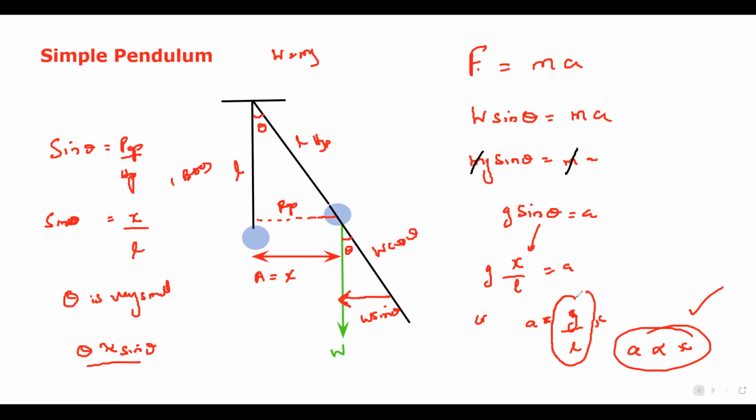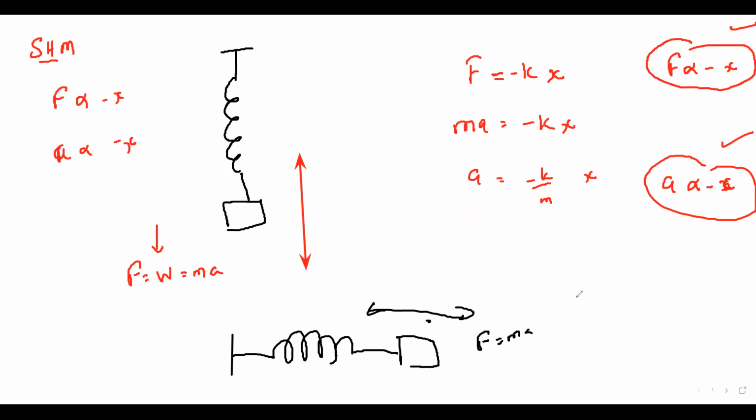So when a mass attached to a string is performing a simple harmonic motion, as well as when an object attached with a spring is also performing a simple harmonic motion. So in both cases it performs a simple harmonic motion. So if we compare the simple harmonic motion for the pendulum and for a mass which is attached with a spring.